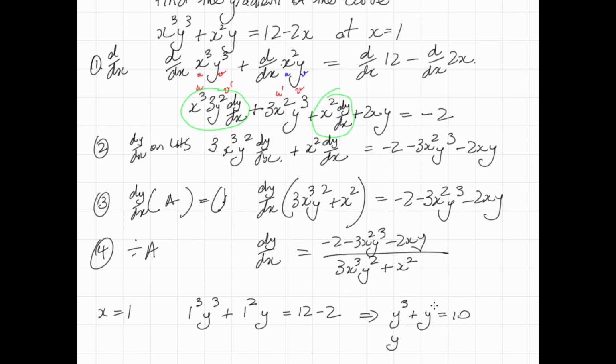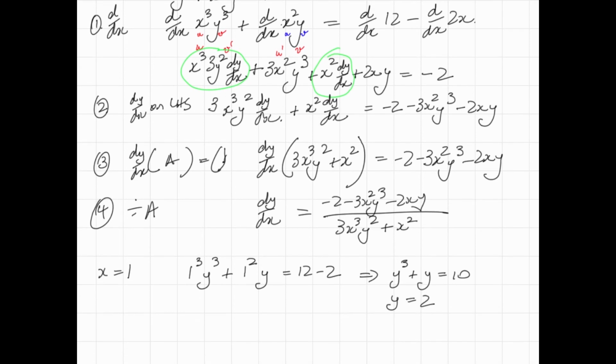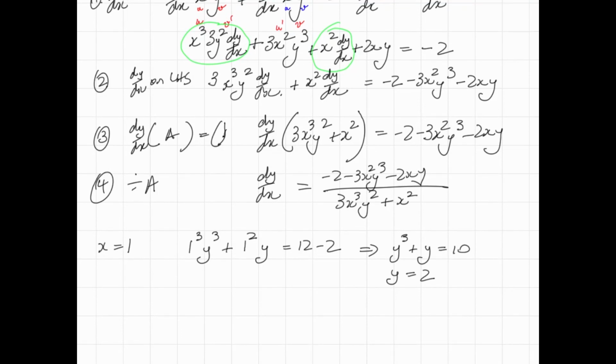You get 2 cubed is 8, plus 2 is equal to 10, so y is equal to 2. And so we know that (1, 2) is the point that we want to find the gradient for.